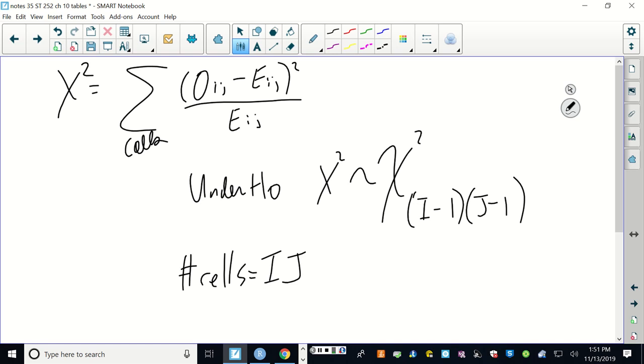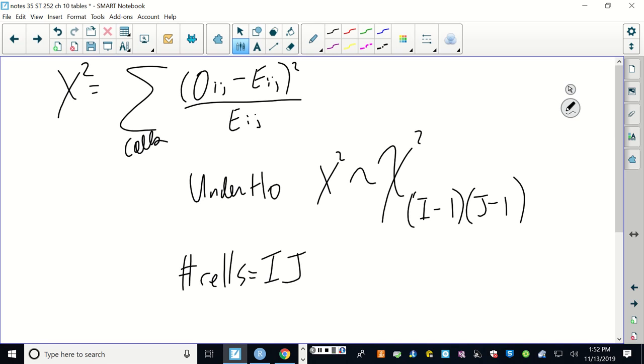So in this I by j table, once you know the outer margins of what they add up to, you don't actually have to fill in all the rows and columns. You fill in I minus 1, and then the last one's determined. And you go j minus 1 this way, and then the last one's determined. So there's really I minus 1, j minus 1 independent choices in filling in the table, and the rest has to add up.